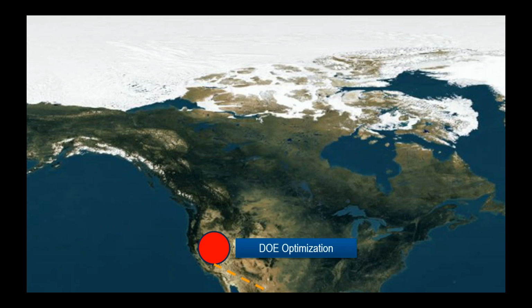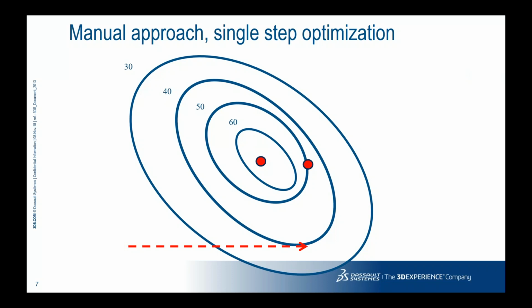So let's get started. The first slide that I would like to share is about the manual approach. When you are designing a product with some parameters in mind, of course, you can optimize manually, but there is a risk.